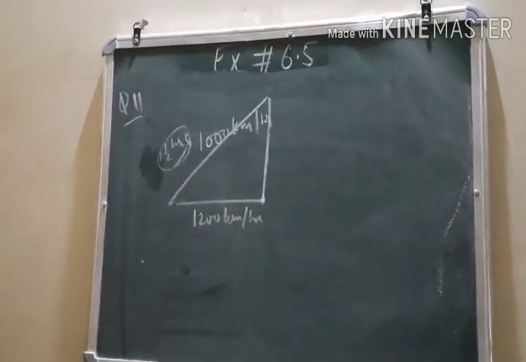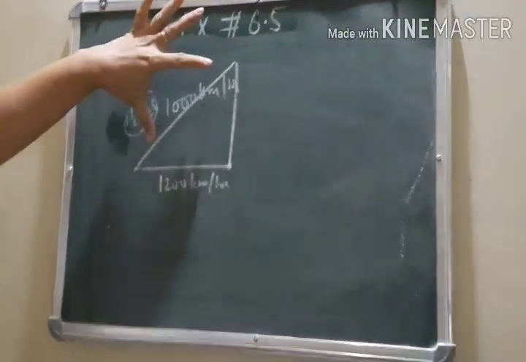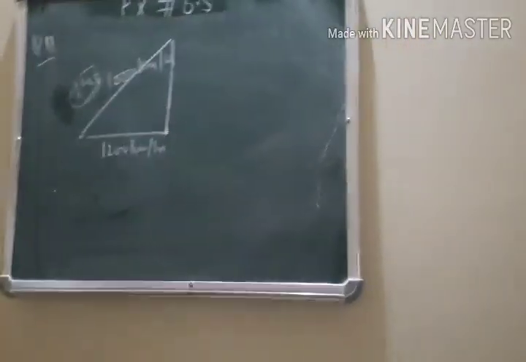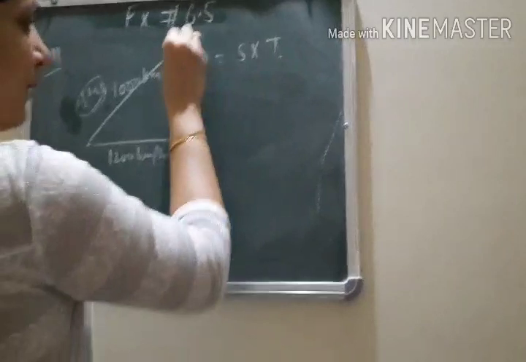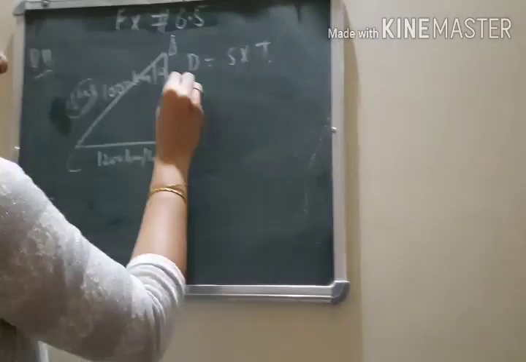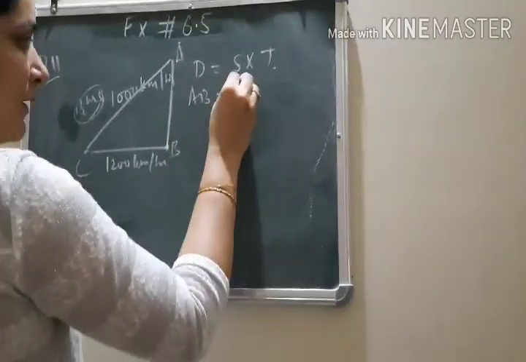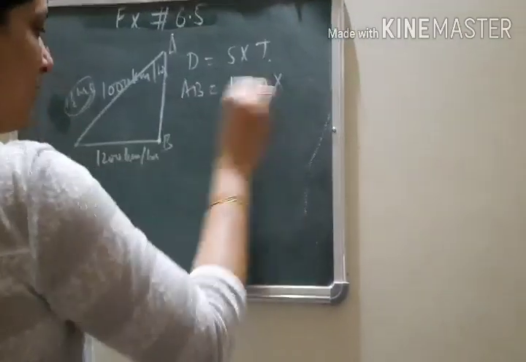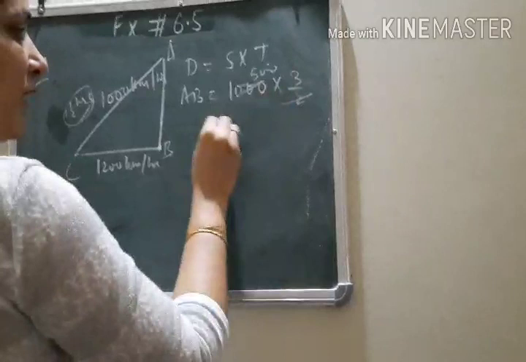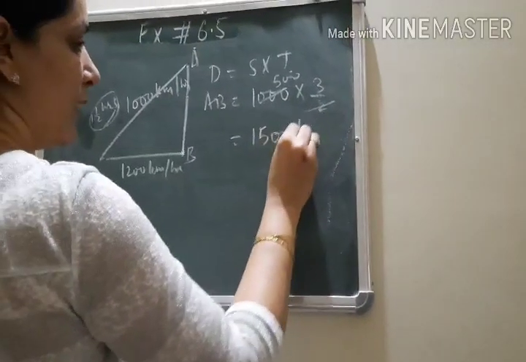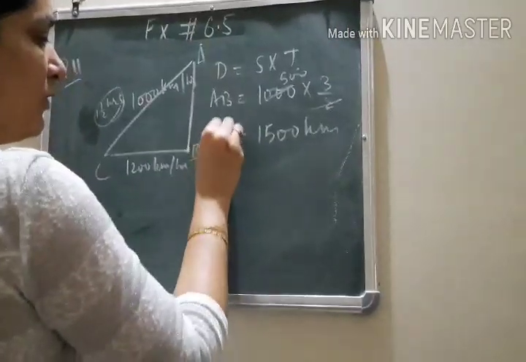So what we'll do, we'll just find the distance first. Now what is the formula? Distance is equal to speed into time. So if I have to find the length AB, my speed is 1000, time is 1.5, it means 3/2. So it is 1500 kilometers. So my AB is 1500 kilometers.